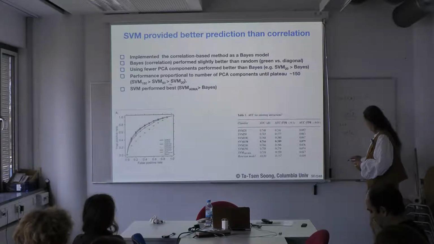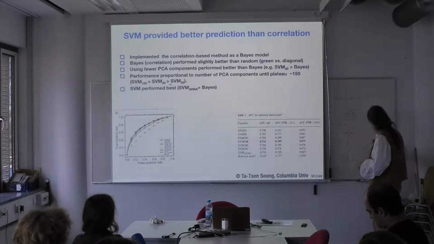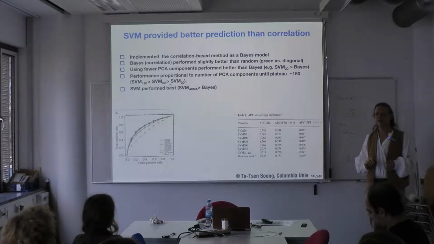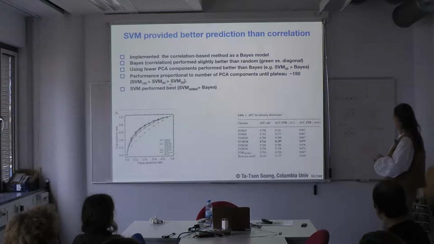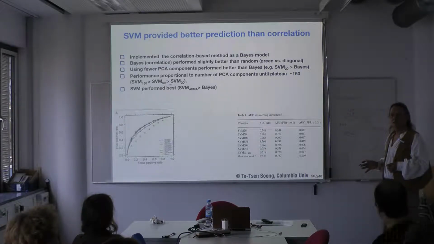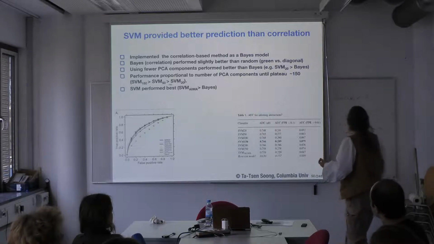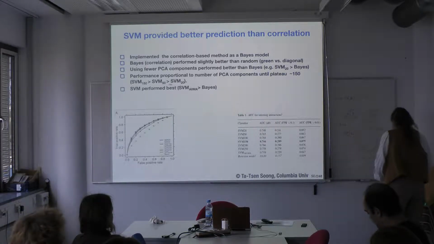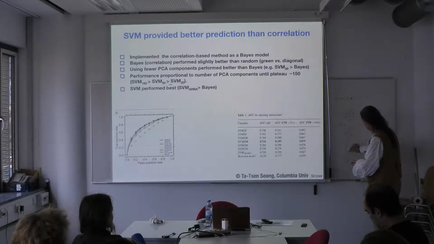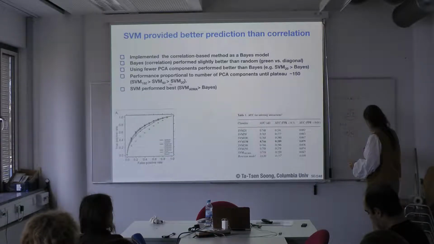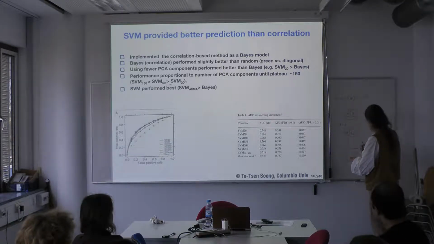So if that is my diagonal, a curve could look something like that.